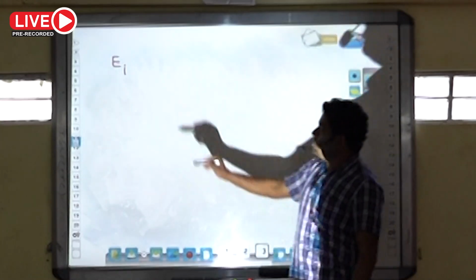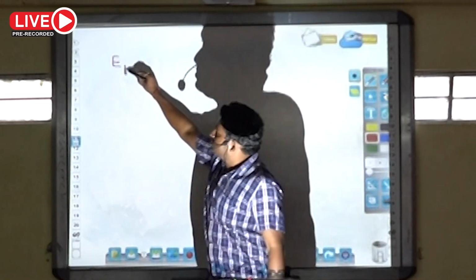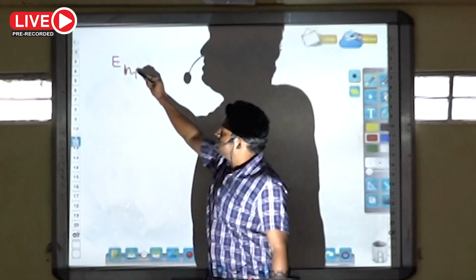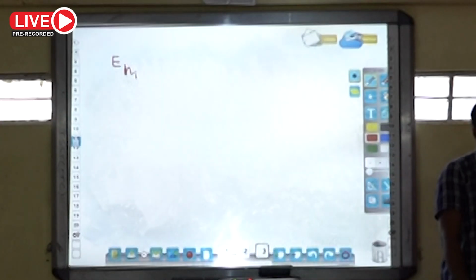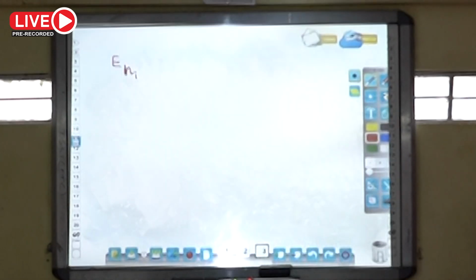Then it will become E, suppose it is written as E_Ni, the initial orbit, which is denoted by principal quantum number Ni.